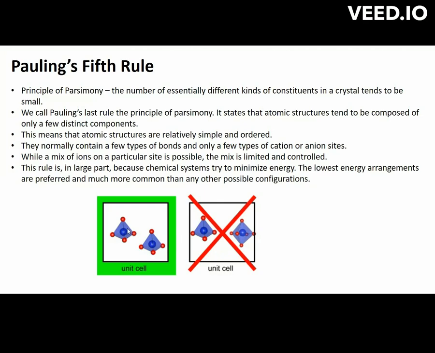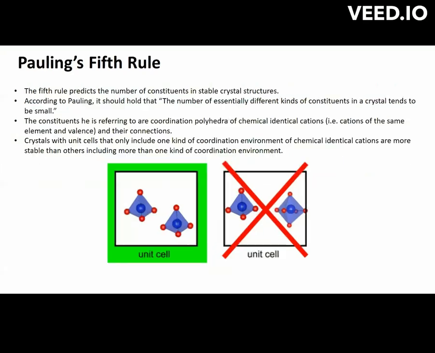You can see this one is not complicated. We've got just one, and then 1, 2, 3, 4. They are not complicated. And this is for ionic bonding. Remember, all of Pauling's principles apply when crystals have ionic bonds. So this is Pauling's fifth rule.